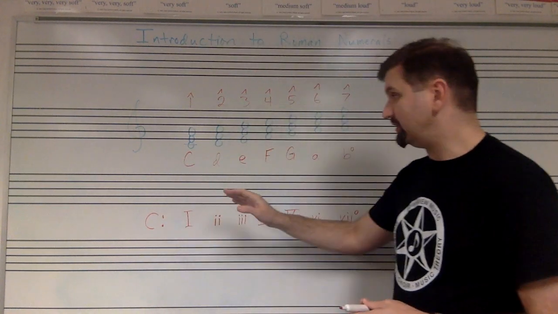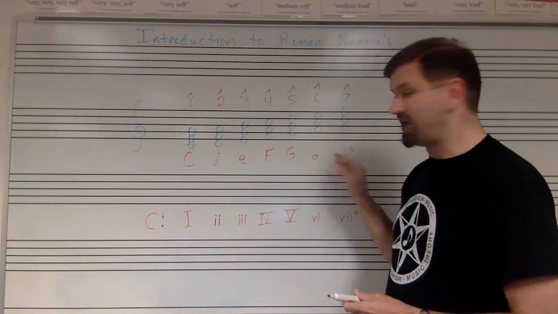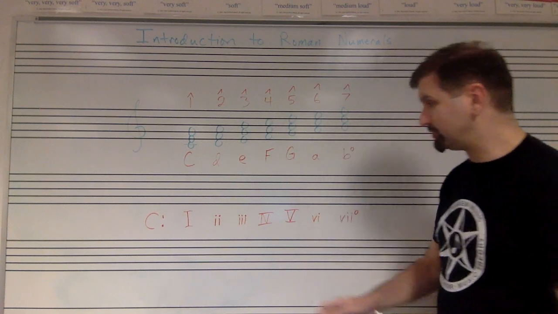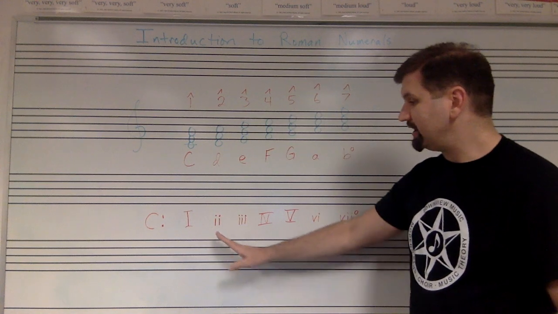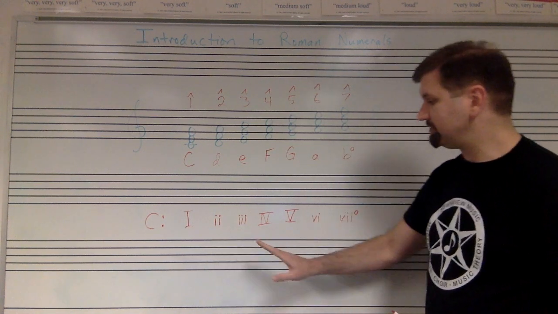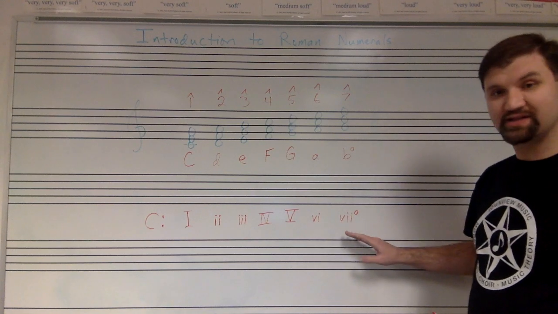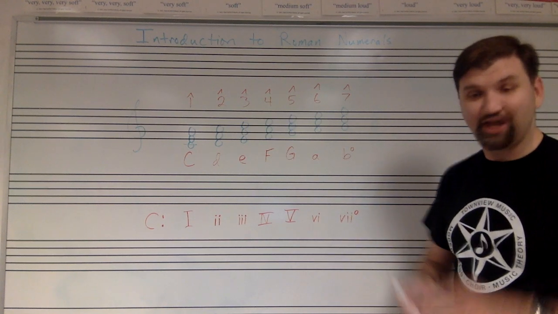Not every scale is C, D, E, F, G, A, B, but every major scale produces major 1, minor 2, minor 3, major 4, major 5, minor 6, diminished 7. I don't hear you cheering loudly enough, so I'll say that again.